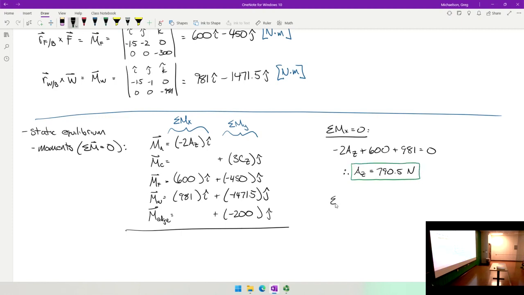If I sum moments about the y, just all those coefficients, all those are Newton meters, but I'll just leave that off.